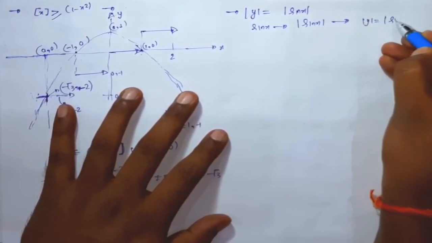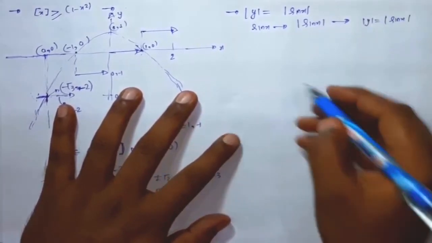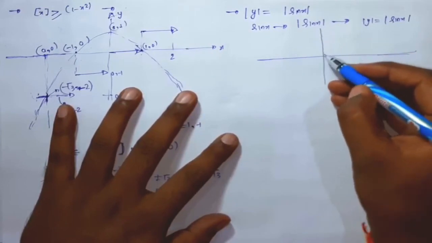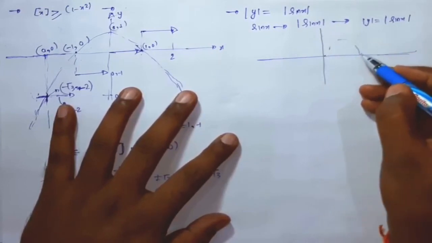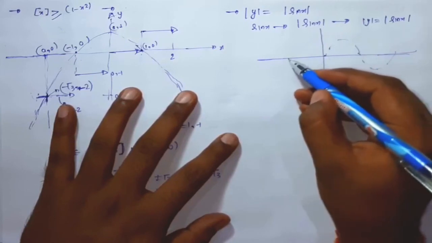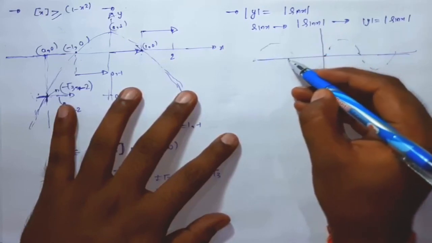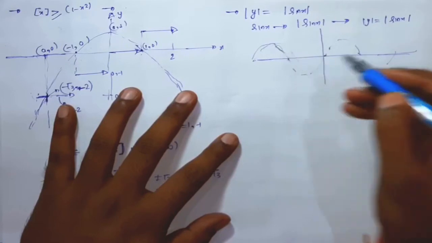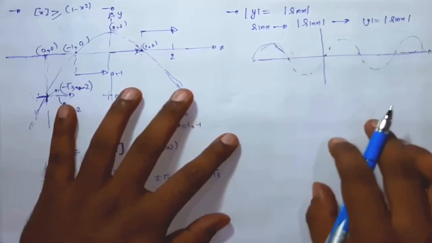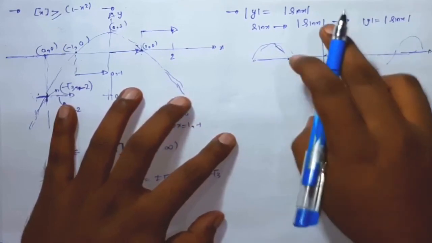We will simply draw a Cartesian plane like this. This is the sine function. Now we need to take a mod. That means the positive portion will remain positive, but the negative portion will become positive.